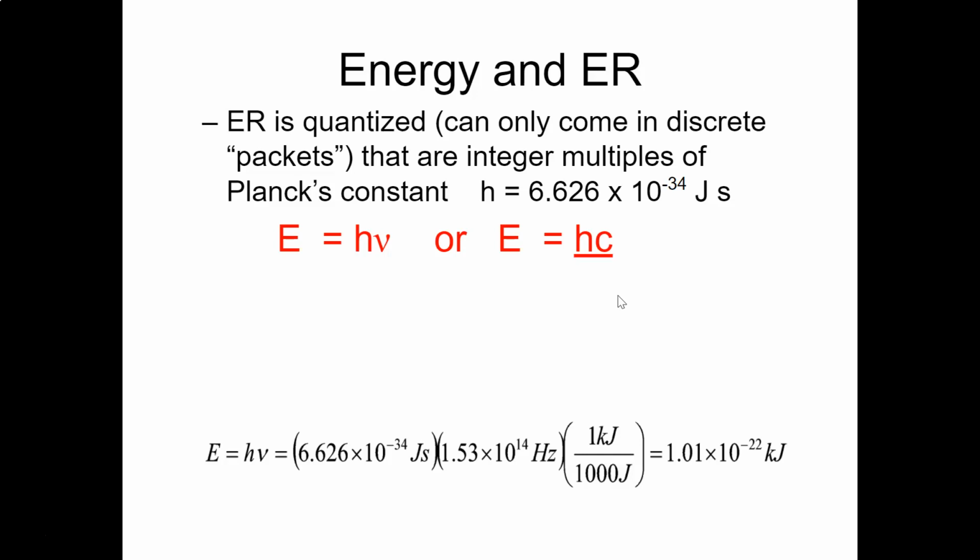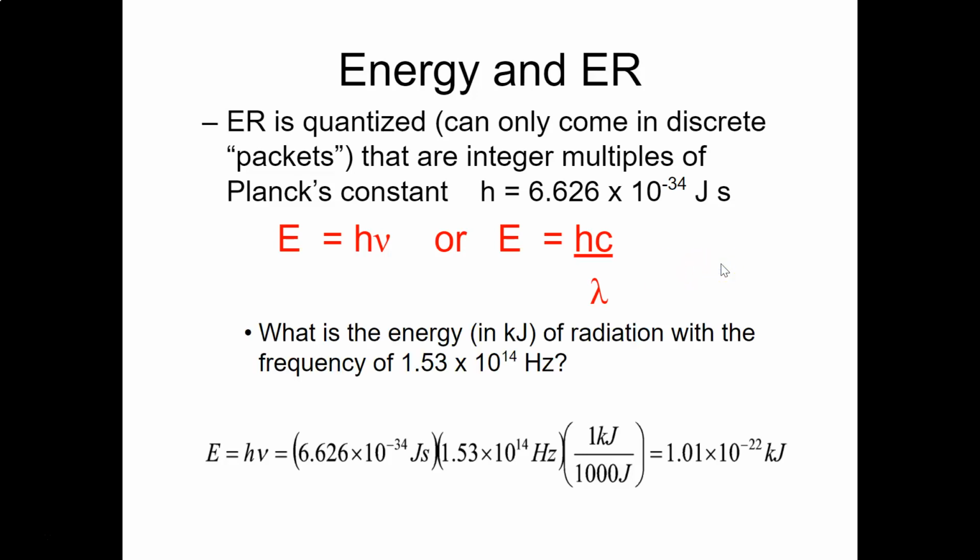So now we're going to throw energy in there. Energy is equal to Planck's constant times frequency. There's a direct relationship. The more waves you have passing a given point, the higher the energy is. But there's also an inverse relationship between energy and wavelength. As the wavelength gets bigger, the amount of energy gets smaller. Can you see that c equals lambda nu is kind of in these two versions of the equation?